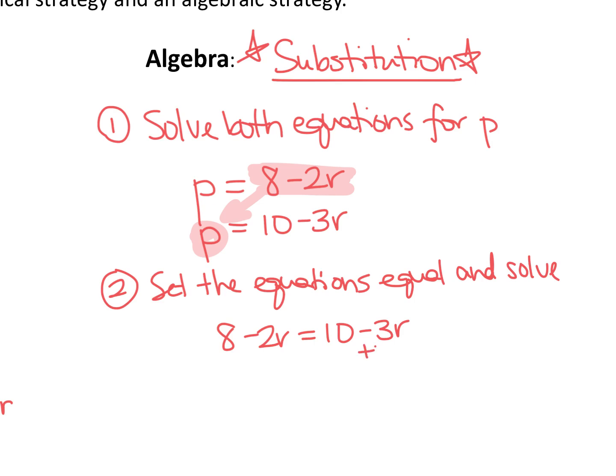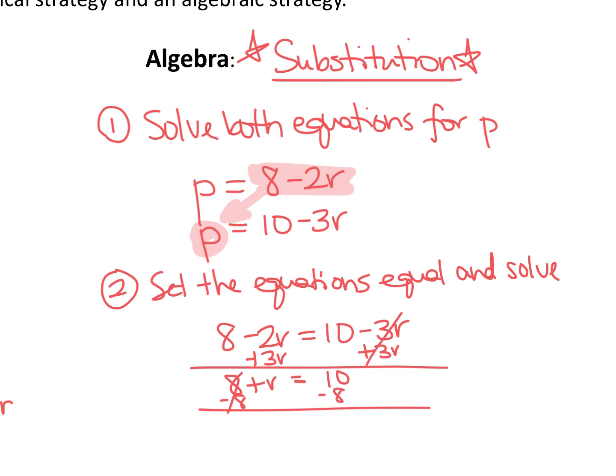So we're going to plus 3r to both sides. We end up with 8 plus r equals 10, and then we're going to minus 8 from both sides. And we get our answer for r. R equals 2, which is what we got by graphing as well. The cost of one roll of tape is $2.